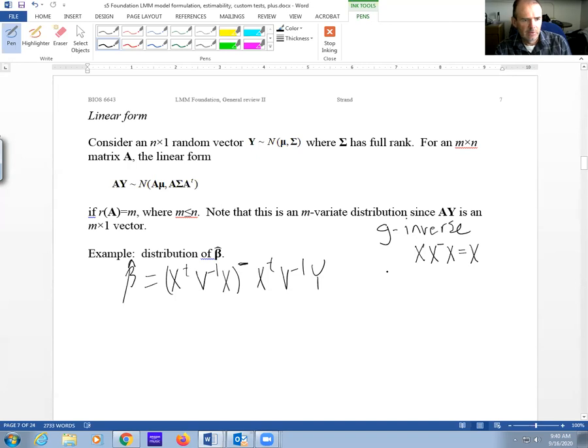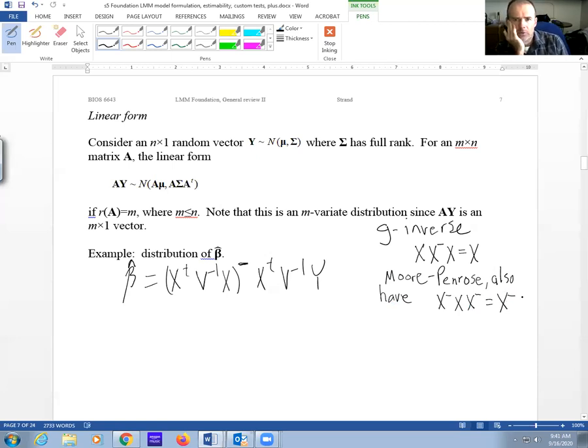For the Moore-Penrose G inverse, we also have this.